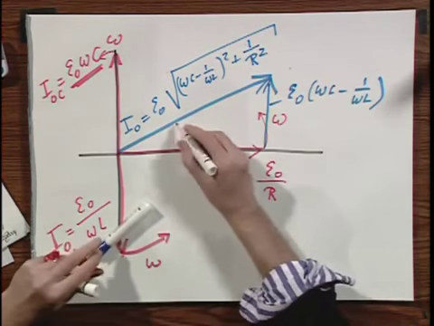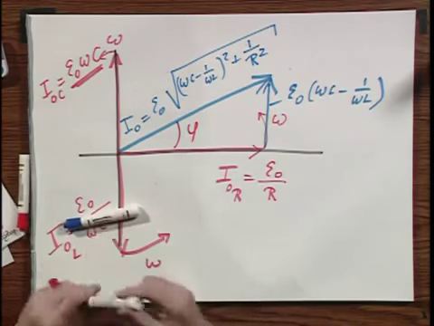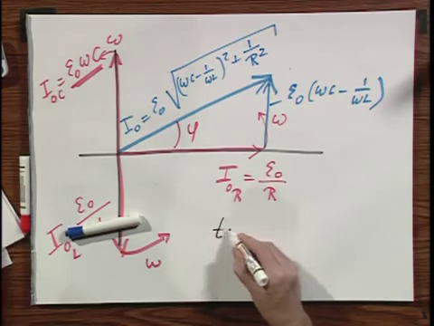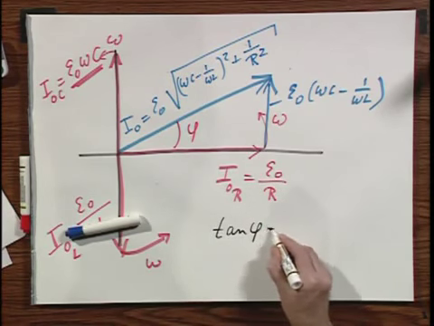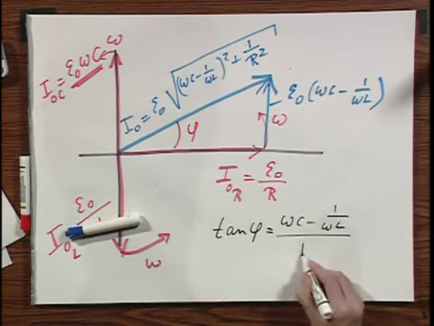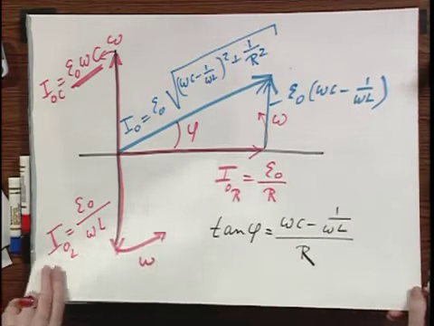And the angle phi, the way we define that, follows immediately also from this phasor diagram. The tangent of phi equals (omega C minus 1 over omega L) divided by (1 over R). And of course you can clean that up a little bit if you want to.